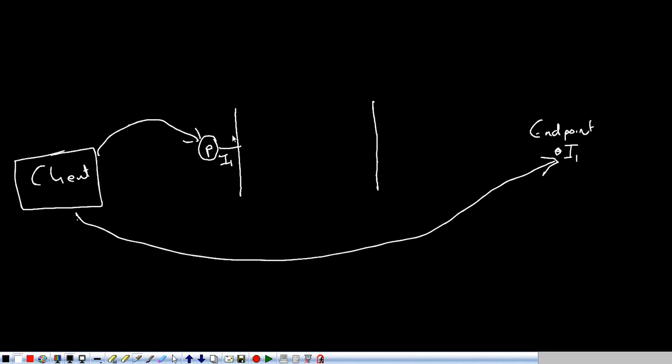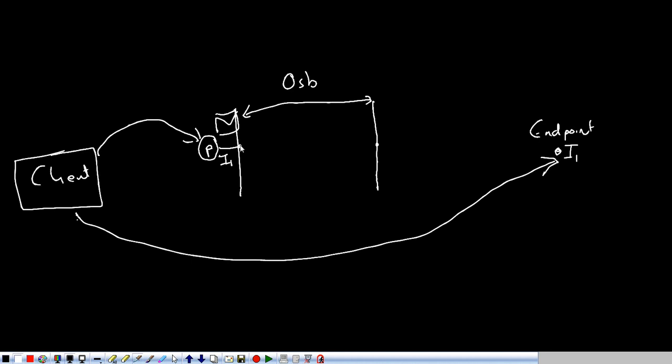Now, say this is the OSB, right? As the message comes in, these are the boundaries of OSB. As the message flows through OSB, this is where all the processing is done, between these two points.